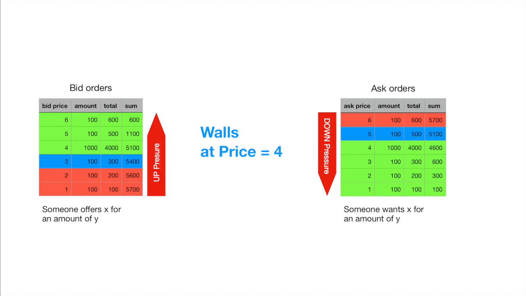Let's say they ask 4 and the trades are executed. On the other hand, on the bid orders, on the buy wall, we have the wall at 3, and in order for bid orders to be executed, you have to offer more, which in that case would be 4. Hence, equilibrium is found.